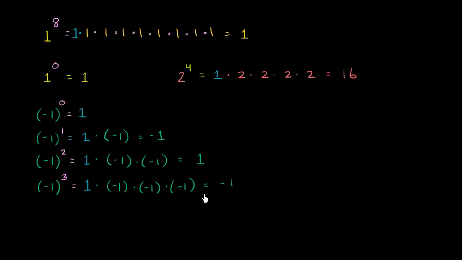And the pattern you might be seeing is if you take negative 1 to an odd power, you're going to get negative 1. And if you take it to an even power, you're going to get 1, because a negative times a negative is going to be a positive, and you're going to have an even number of negatives.